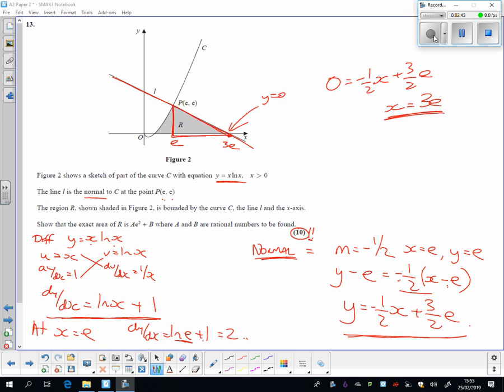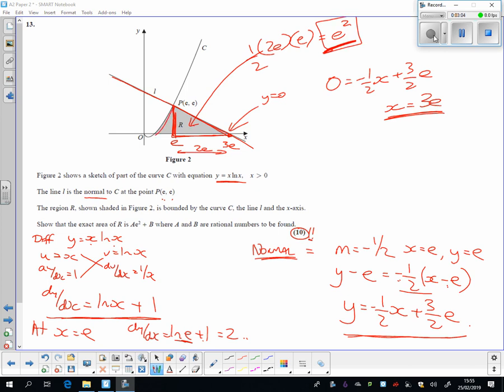I want to find out the area of that triangle. The area of that triangle is the base there to there, which is 2e, times by the height, which is there to there, which is e, and halve it because it's a triangle. So that area is just e squared. That bit there is e squared.